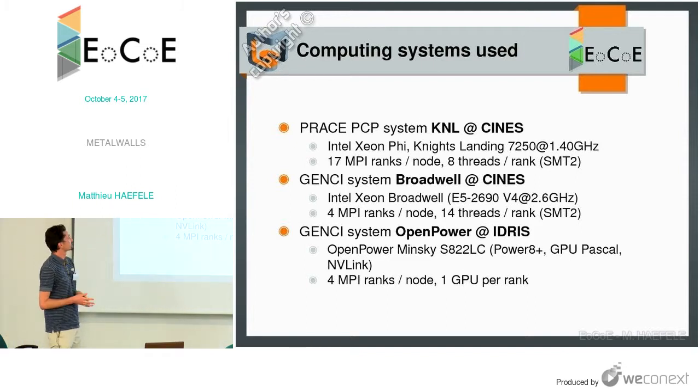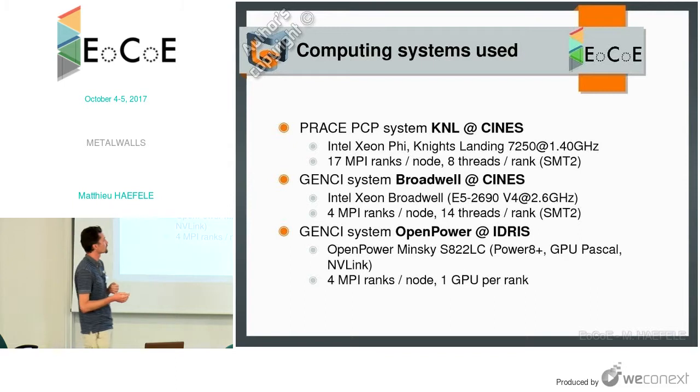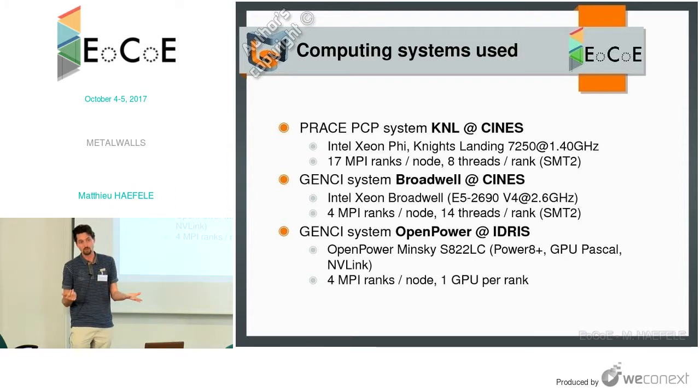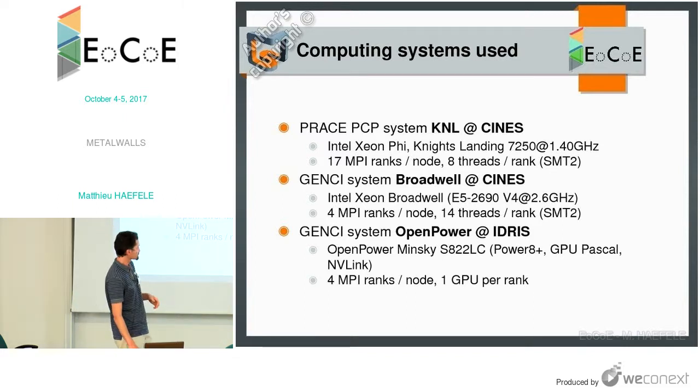Then the Broadwell system also at CNES, with 4 MPI ranks per node and 14 threads, so also SMT2. And a system at Tidris, GPU based, an OpenPower system, with 4 ranks per node, and 1 rank uses 1 GPU. That's how it's deployed.